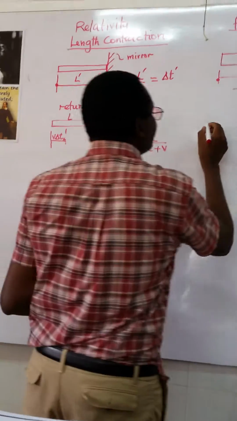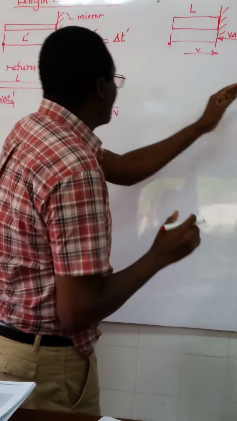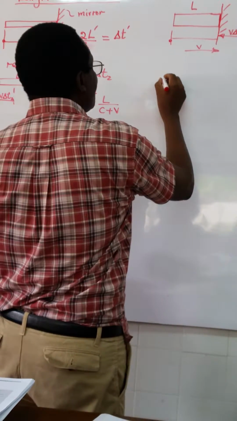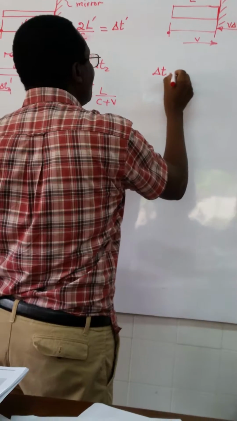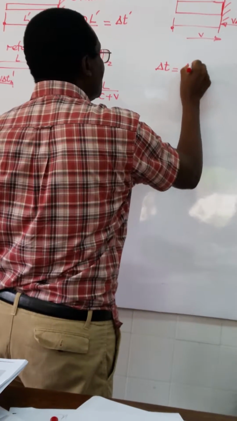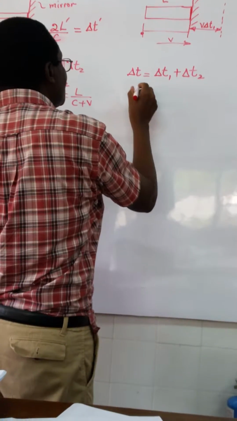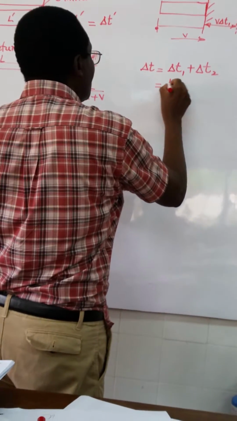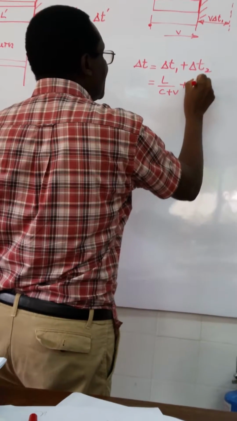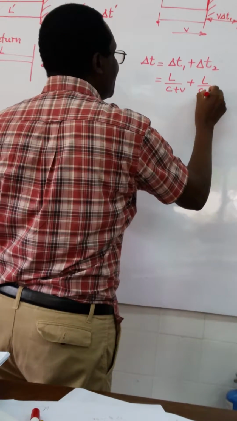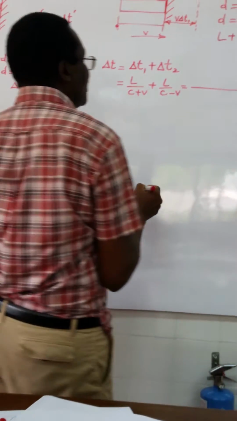Total time taken to and fro, forward and return, is therefore going to be total time change in t, must be change in t1 plus change in t2, which is the same as L over c plus v plus L over c minus v, which we can say is LCM.